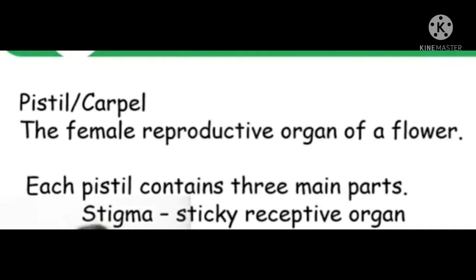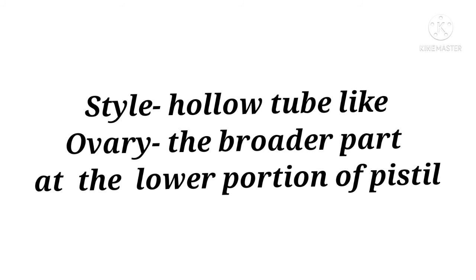Pistil. The pistil is the female reproductive part of the flower. It has three parts. Each pistil contains three main parts: stigma, style, and ovary. Stigma is the sticky part, while style is a hollow tube-like structure and ovary is a swollen part of the pistil at the lower side.